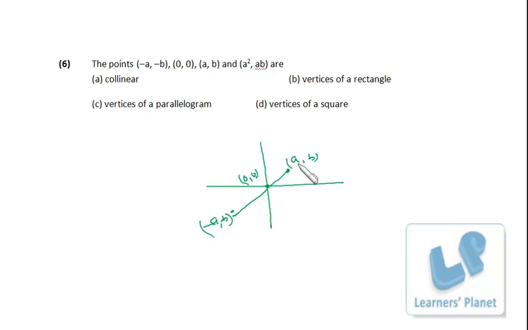Now we can easily see that these 3 points are collinear. So whatever is the location of the 4th point, maybe on this line, maybe somewhere else, it cannot form a quadrilateral. It cannot form a 4-sided polygon, right? And we have the 3 options with 4-sided polygons. Maybe it is a rectangle, maybe a square, maybe a parallelogram. But if the 3 points are collinear, maybe the 4th point is here or here.